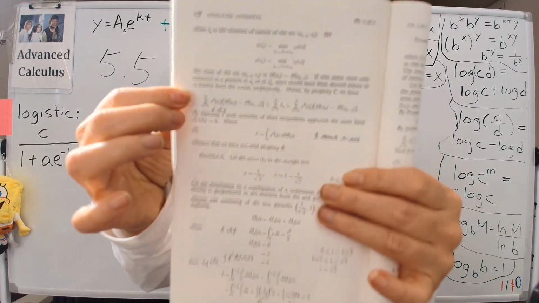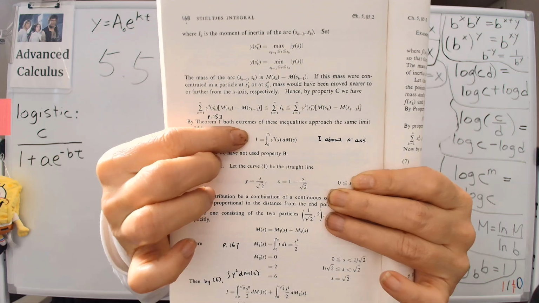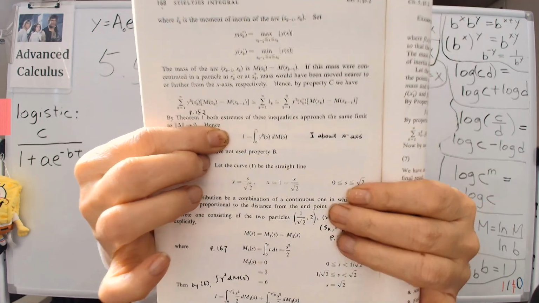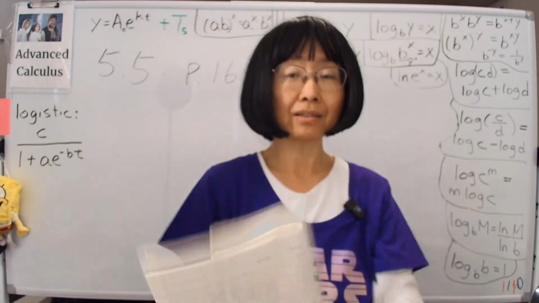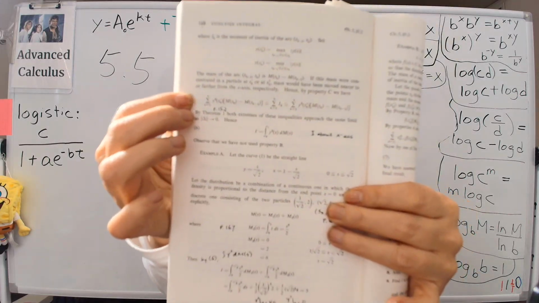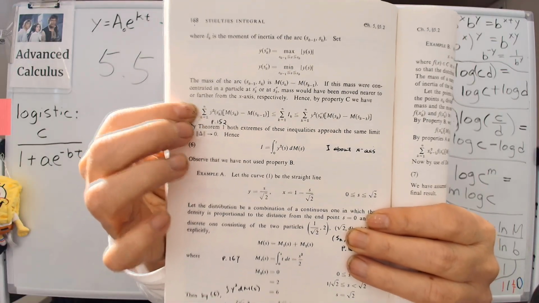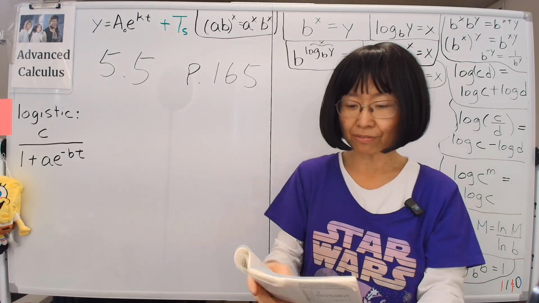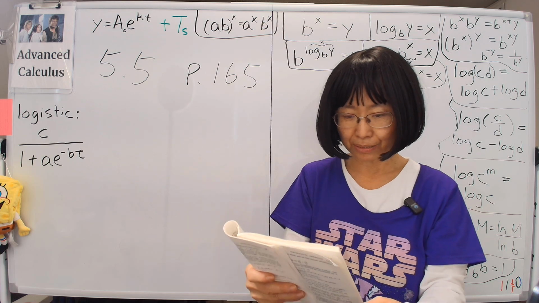So please read this yourself. Basically, if things are continuous, then eventually the moment of inertia, this is about the x-axis, very important, okay, is going to be the integral of y squared times dm. That comes from taking this definition to infinity. When the limit of this goes to infinity, that would give out this result. So please read that yourself, okay, and work out some of the details that I am not going to talk about too much.